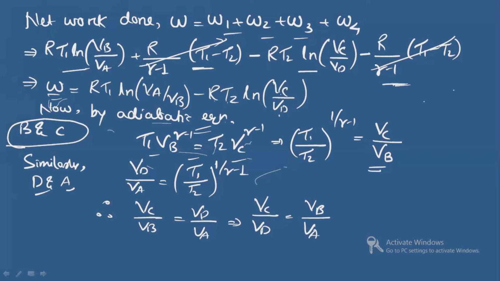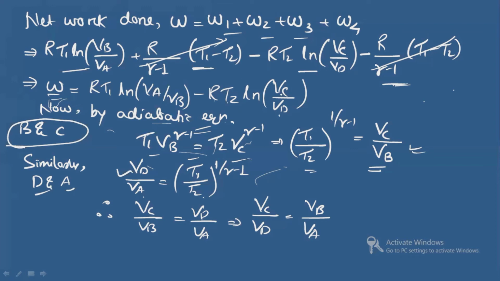Similarly, if you see for D to A, you will get Vd by Va equals (T1 by T2) to the power 1 by gamma minus 1. Now Vd by Va is equal to (T1 by T2) to the power 1 by gamma minus 1, and Vc by Vb is also equal to the same. That means Vc by Vb will be equal to Vd by Va, comparing. And then you can write Vc by Vd equals Vb by Va. Yes or no?